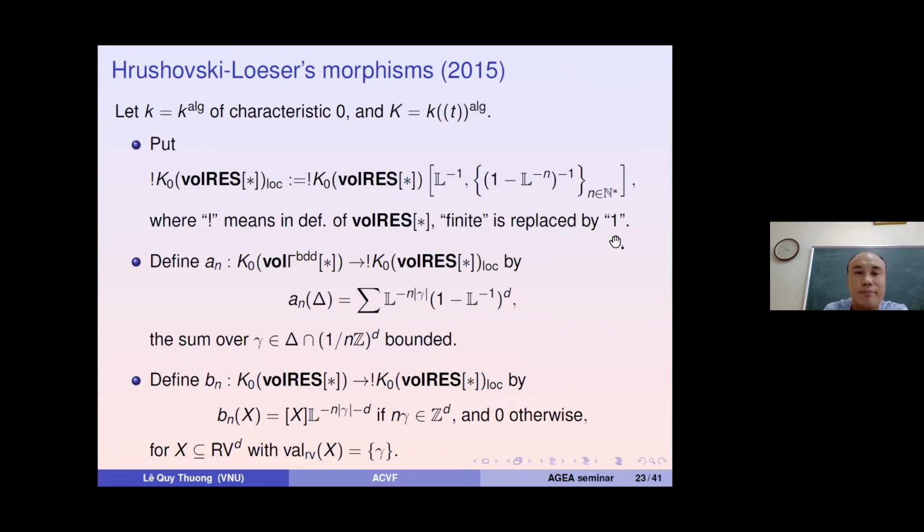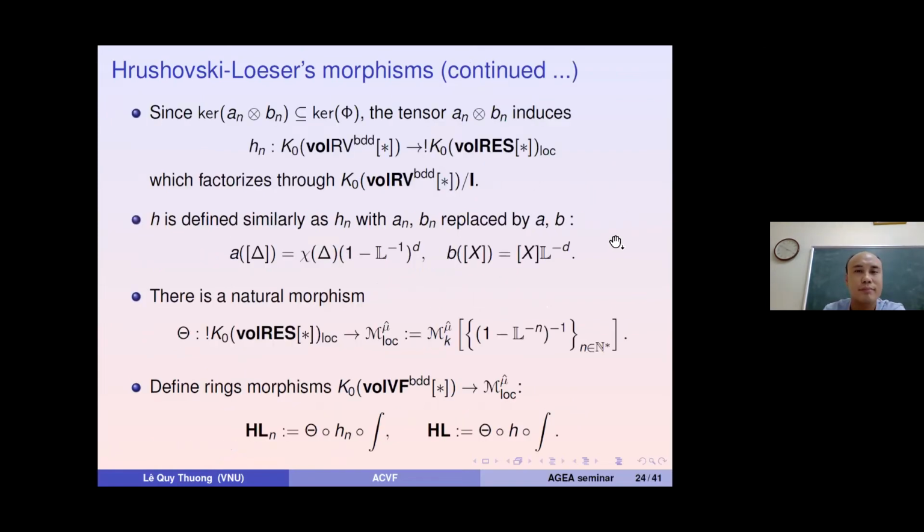And now we take the tensor product of AN and BN, and we obtain ring morphisms from the Grothendieck ring of Vol RV to this, which factorizes through the quotient.